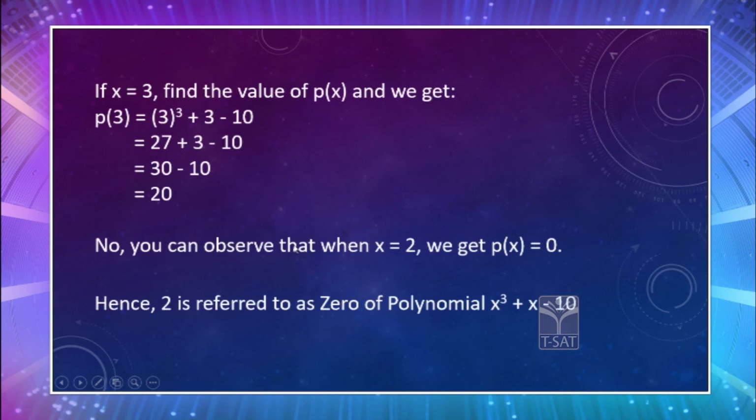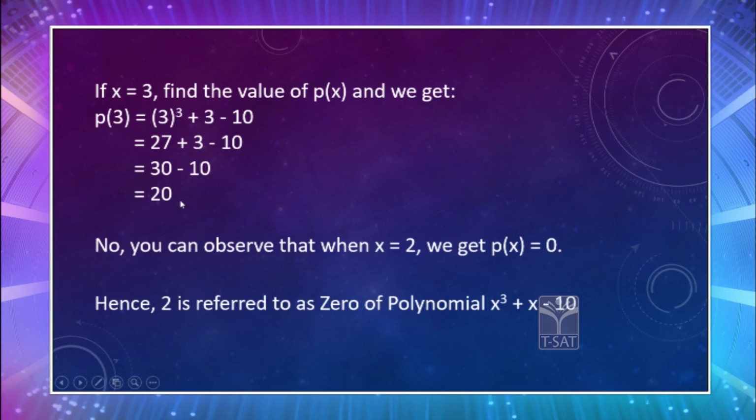Now, we go for x equal to 3. If x equals 3, then p of 3 equals, just replace the x value with 3. So, 3 cube plus 3 minus 10: 3 cube is 27, plus 3 is 30, 30 minus 10 is 20.